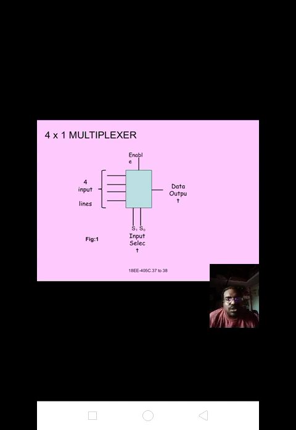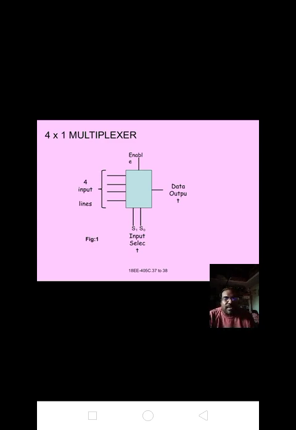Here the figure shows the 4 into 1 multiplexer. It has 4 input lines, 1 enable, 2 select lines S1, S0, and the data output is 1. This is the clear-cut diagram of the 4 into 1 multiplexer.